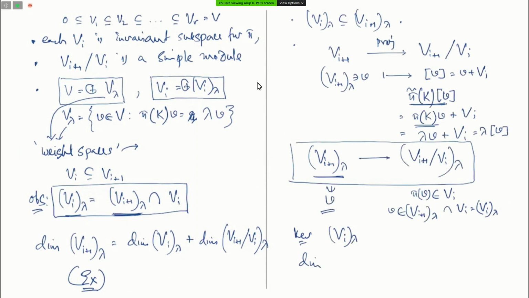So the dimension of this would be the dimension of the kernel plus the dimension of the range.